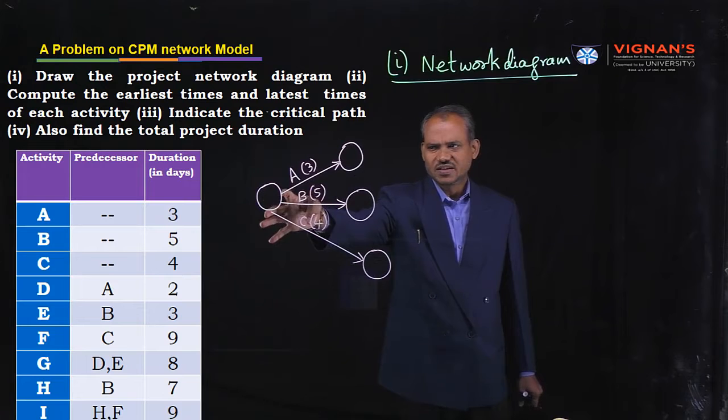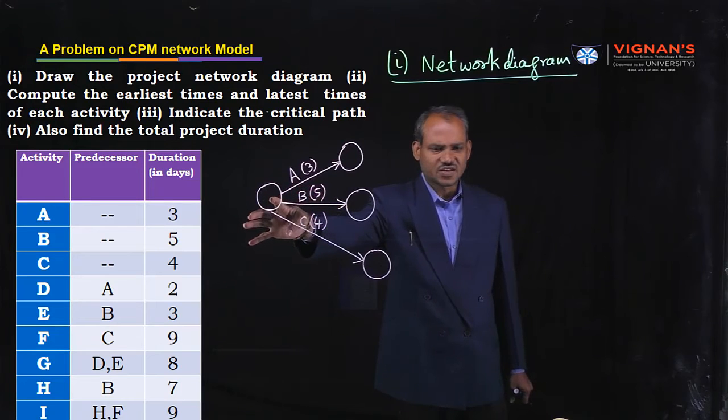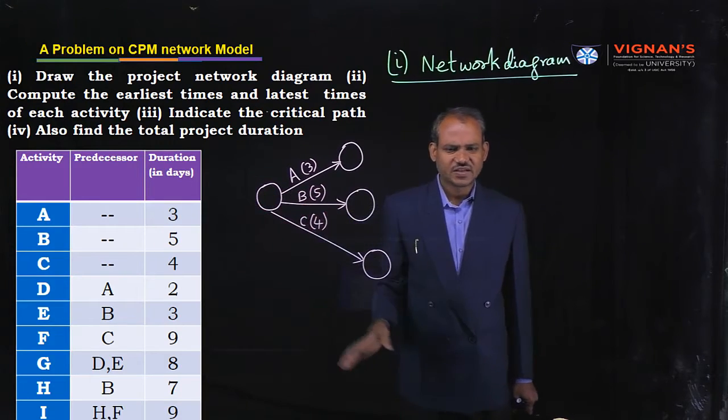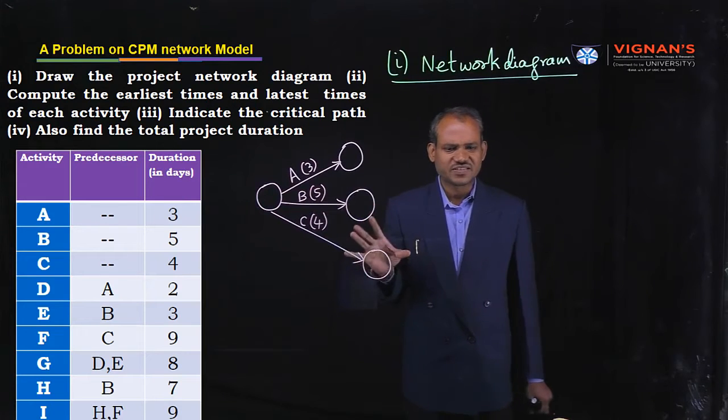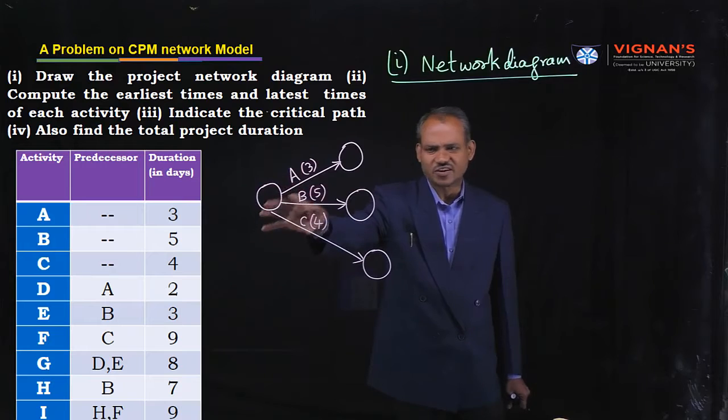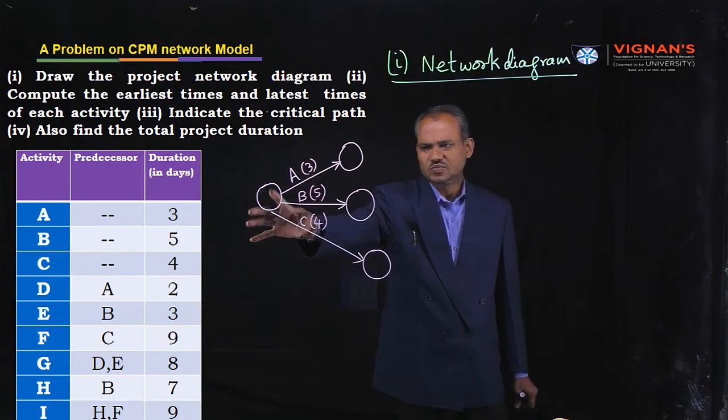That's why activity A starts at one starting node. Similarly, for activity B, there is no predecessor activity. Therefore, simultaneously A and B start at the same point, same starting node.